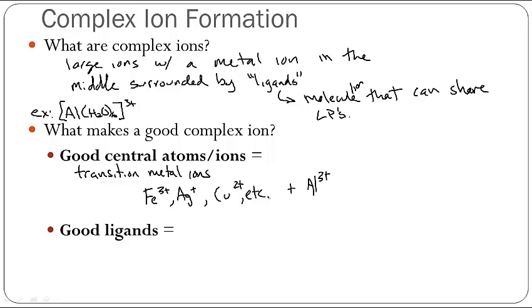Now, these aren't the only ones that can do it. In the body, I'm going to show you some examples, but aluminum is small and very positively charged, so it can attract very, very tightly. These other ones, I don't know how much I buy the explanation that they have empty orbitals that can be filled, but we're not going to make you memorize the ones that do.